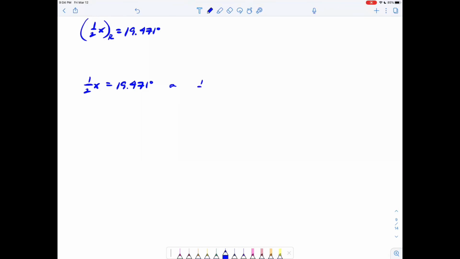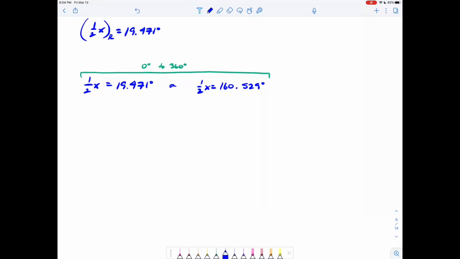And in quadrant 2, 180 minus that is 160.529 degrees. And those would be our answers from 0 degrees to 360 degrees.